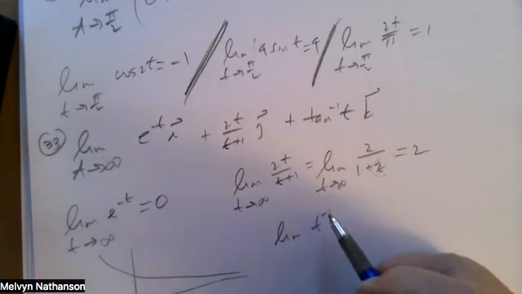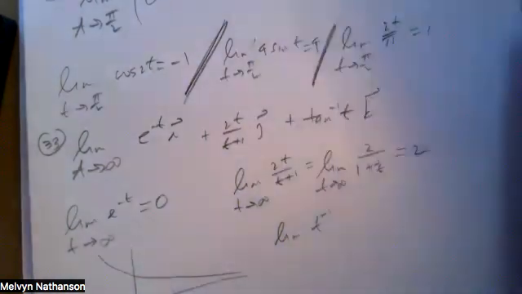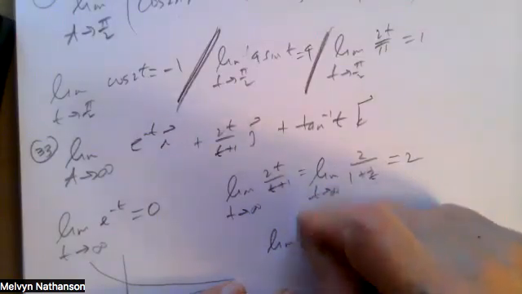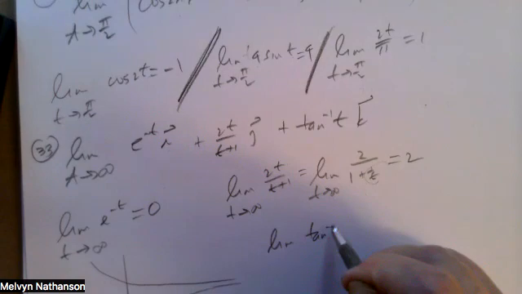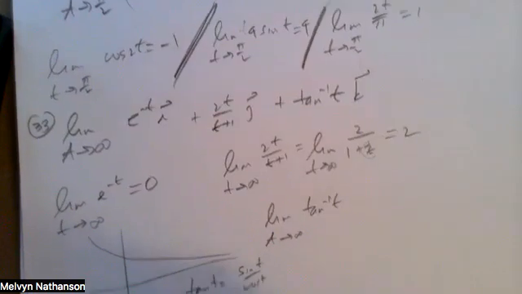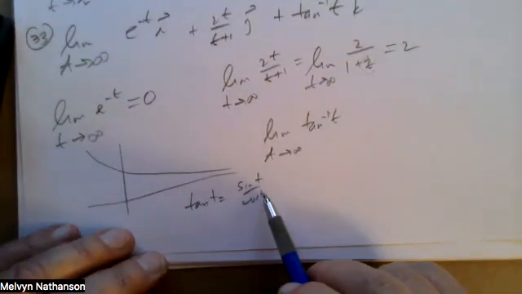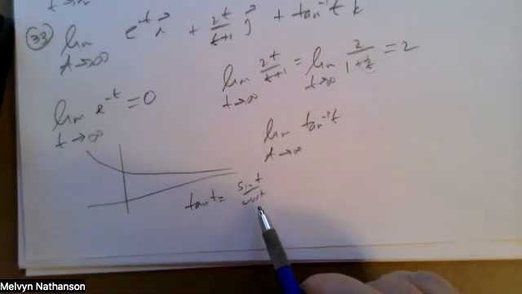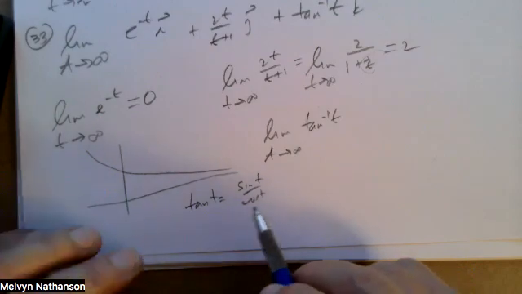What is the limit of the inverse tangent of t, or the arctangent of t, as t goes to infinity? Now let's see. Remember, the tangent is sine t over cosine t, and this is undefined when the cosine is 0, at plus or minus pi over 2.